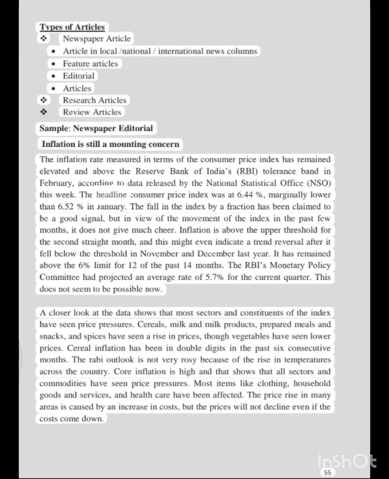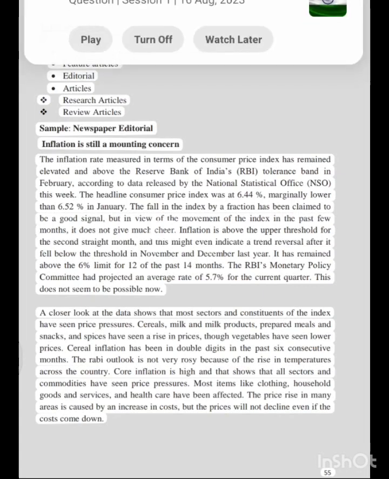The headline Consumer Price Index was at 6.44%, marginally lower than 6.52% in January. The fall in the index by a fraction has been claimed to be a good signal, but in view of the movement of the index in the past few months, it does not give much cheer.